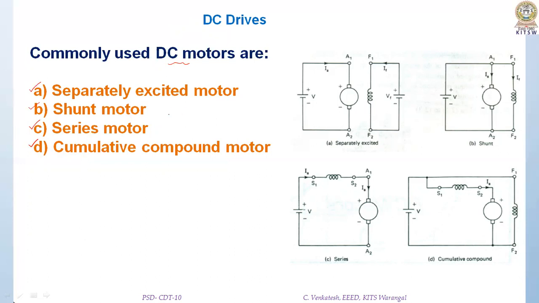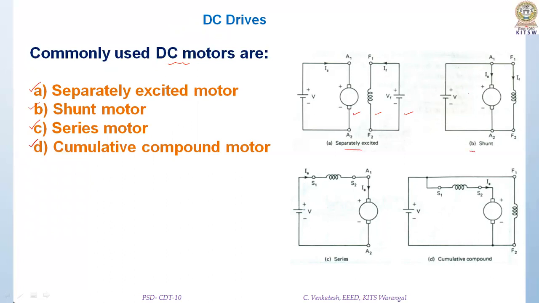And you can see here that these names of the DC motors are based on the interconnection of the armature winding and the field winding. In case of a separately excited DC motor, the field winding is connected to an external or separate DC voltage, and hence the field current is independent of the armature current.